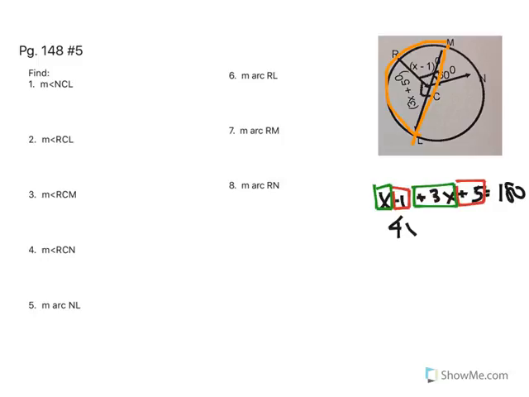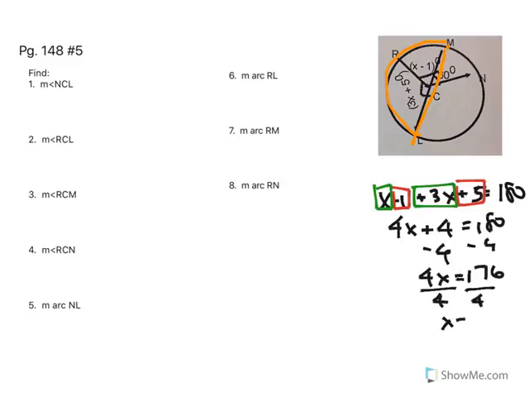We get 4x plus 4 equals 180. Minus 4, minus 4. We get 4x equals 176. Divided by 4, divided by 4. X equals 44. Okay, so we know that the value of x is 44.